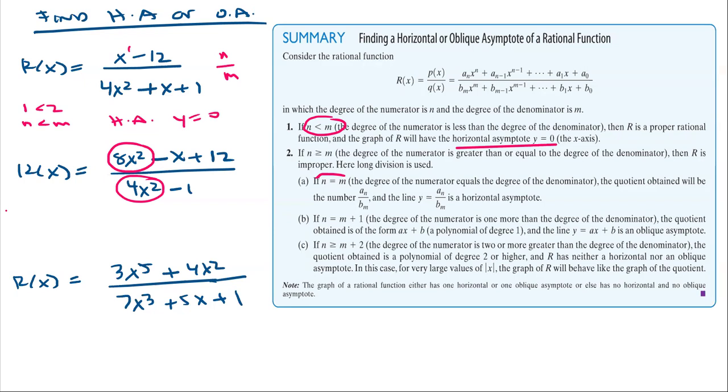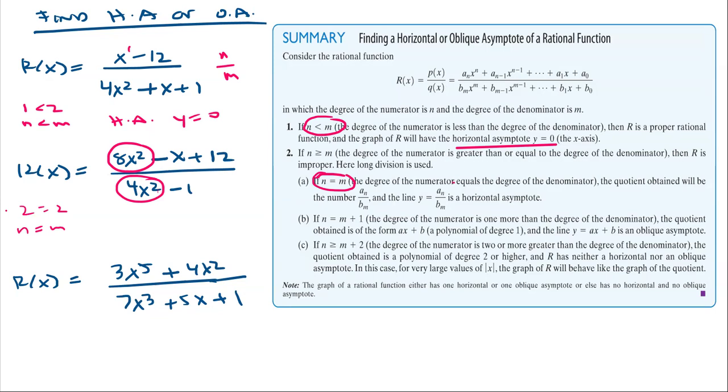Okay, so again, what we're looking at are the leading terms. That's all we care about, particularly the powers. The powers are the same, correct? If we look at our chart, if the powers are the same, then we use this one. n is equal to m, 2 is equal to 2. If that's the case, then all we need to do is divide those terms.